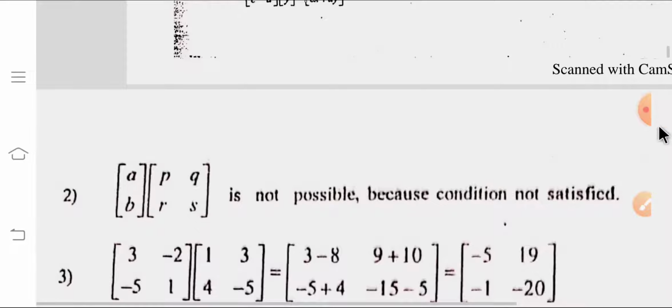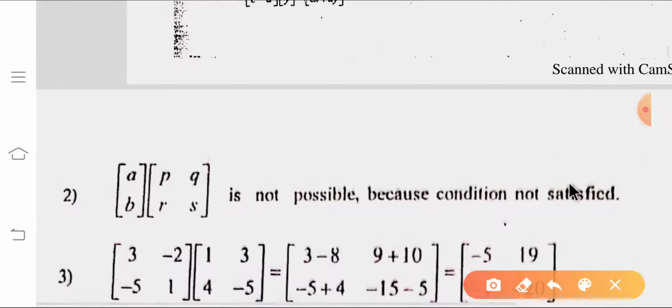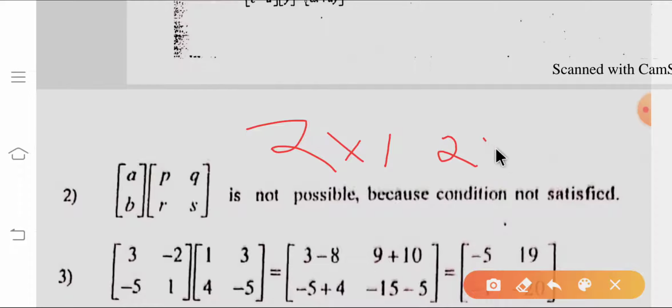So here the multiplication is not possible because the first matrix is of order 2 by 1 and the second matrix is of order 2 by 2.